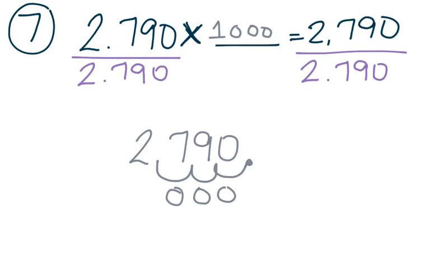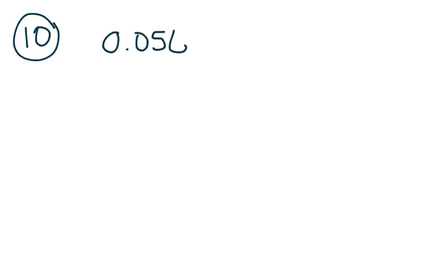Now we're going to do number 10. Number 10 says 0.056 times blank gives you 56. You're going to solve this one the same way that we did number 7.